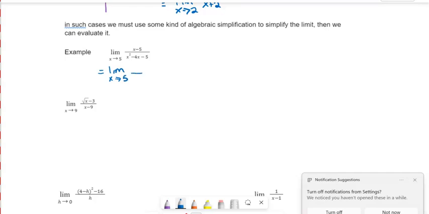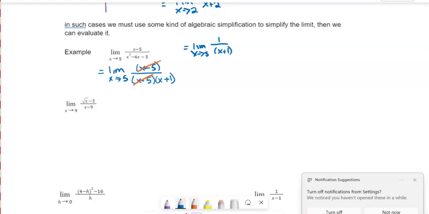X approaches 5. And a good thing to remember is that because I know I need to simplify, I'm probably going to have this on the denominator, this x minus 5. And 1. Okay, now that I have factored that, I can eliminate my like factors and rewrite my function.